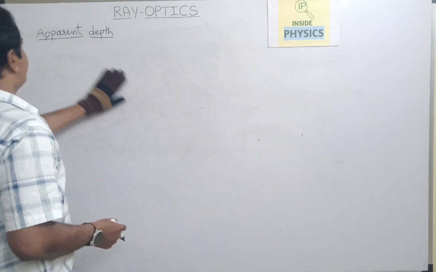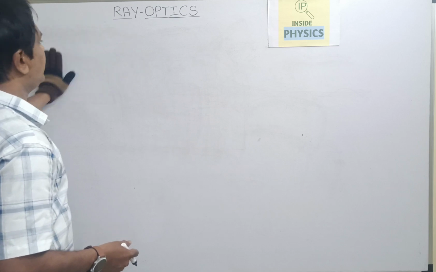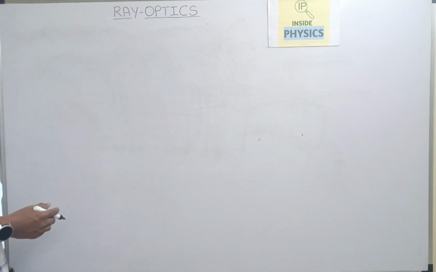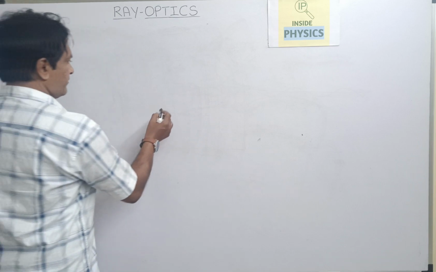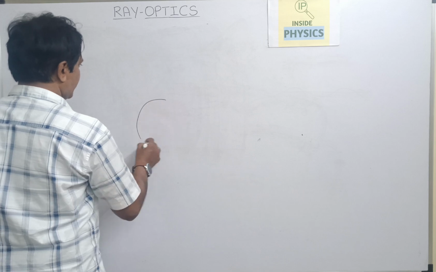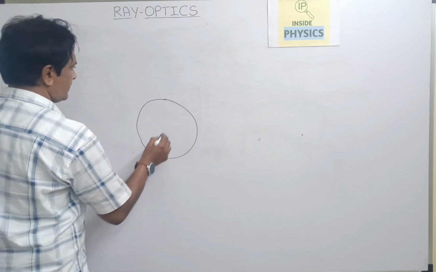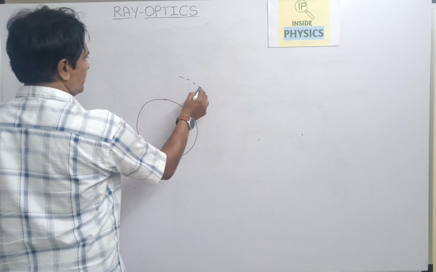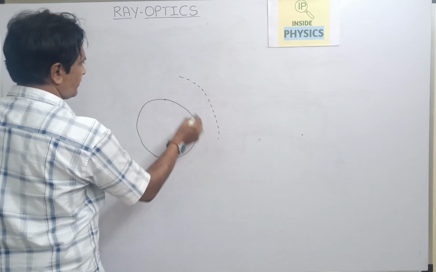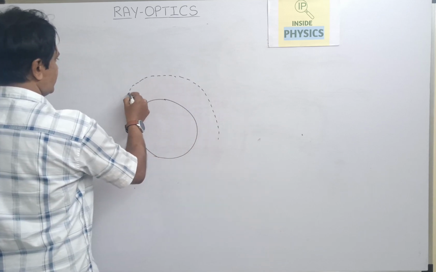We generally observe the sunset and sunrise from our earth. So if you consider the earth, and this is the atmosphere around the earth.